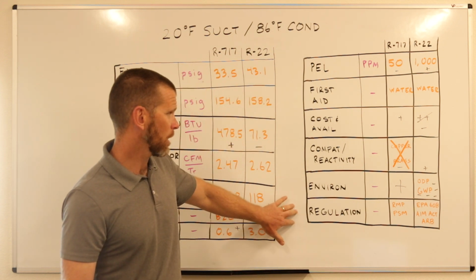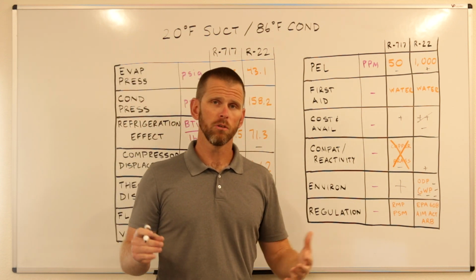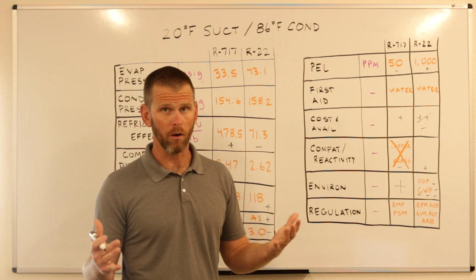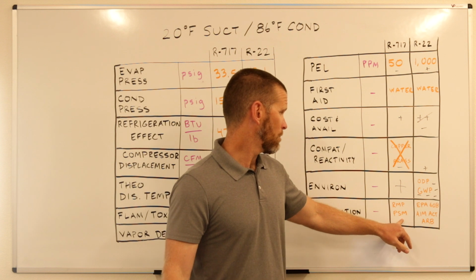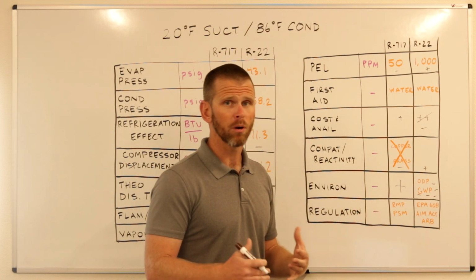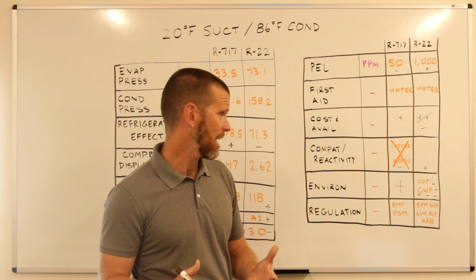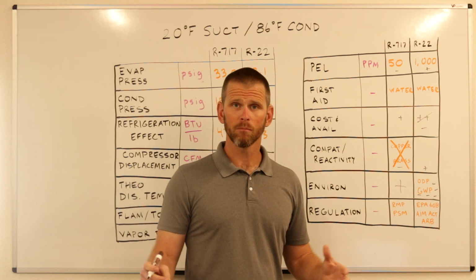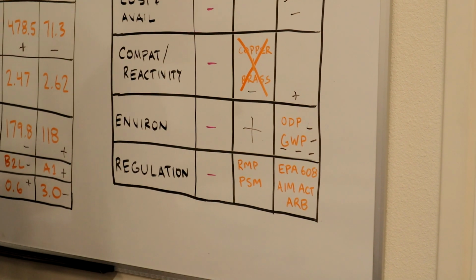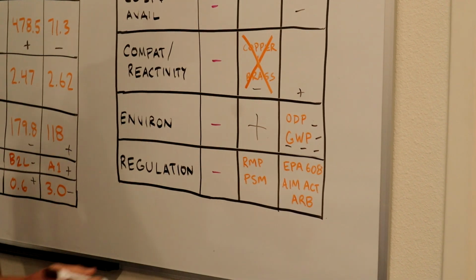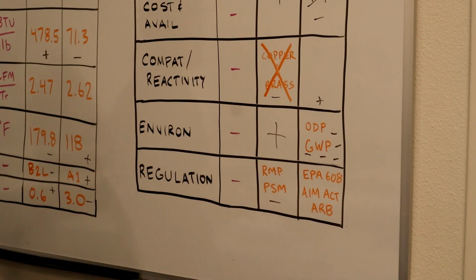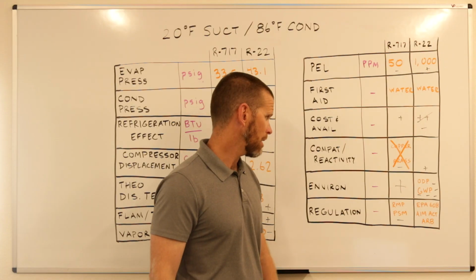Finally, regulation. No matter which refrigerant you choose, you're gonna be faced with a regulatory context that you need to be aware of. For ammonia, that usually kind of starts with the Risk Management Program, RMP, and Process Safety Management, PSM. These are involved programs that require teams of folks with expertise in order to implement them effectively and maintain compliance. So this is certainly not a positive from the standpoint it's going to cost money, it's going to take personnel and resources to implement.